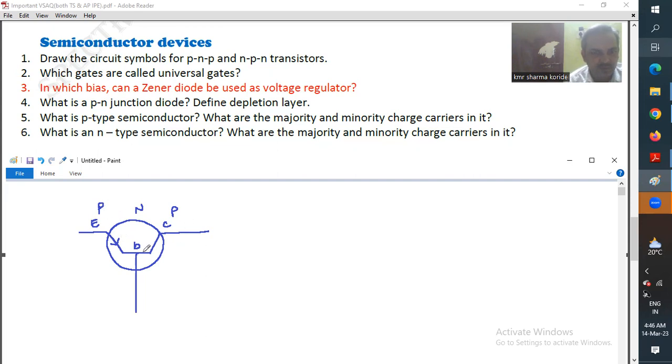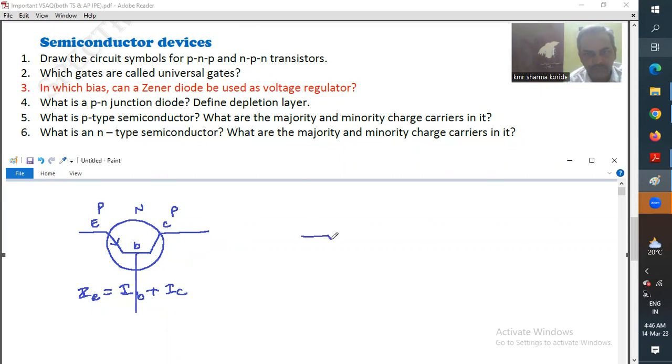Here, the emitter current is split into base current as well as collector current. Don't forget to write the symbol properly. This is the PNP transistor circuit symbol.